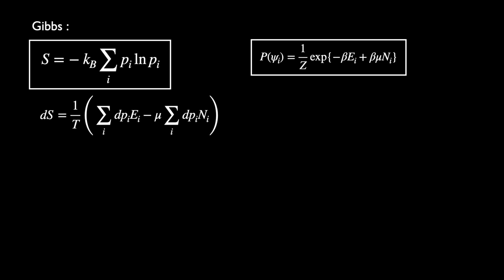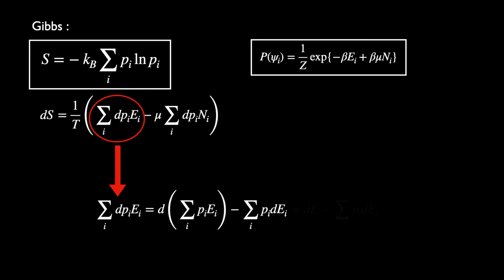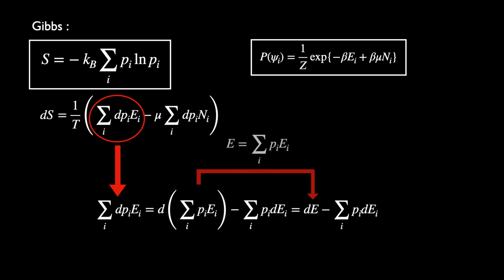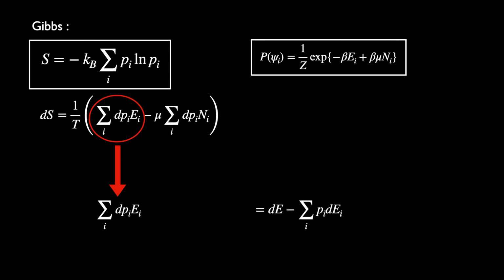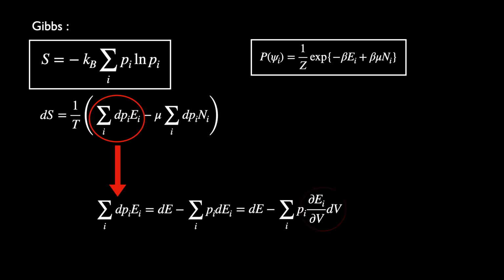The first term can be rewritten as two terms: the total differential of the average energy, minus sum over i P_i dE_i. The differential of E_i in the latter is equal to the partial derivative of E_i with respect to V times dV.